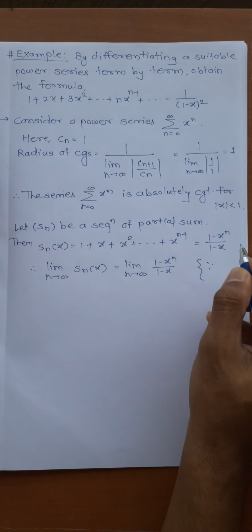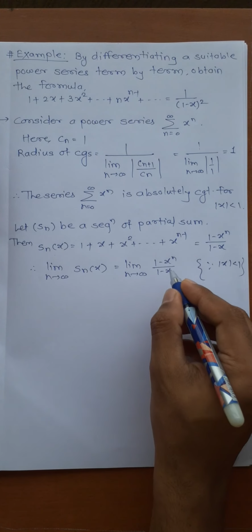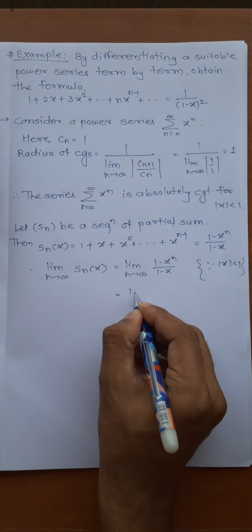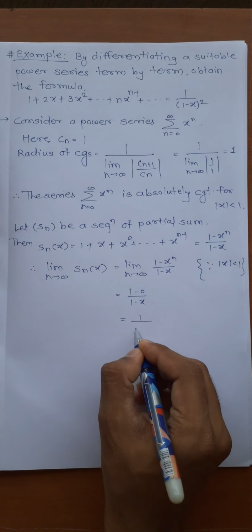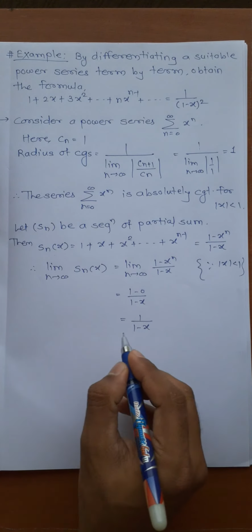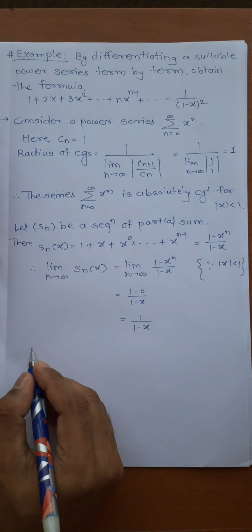But we have mod x less than 1, so if you take any higher power as n tends to infinity, obviously it will go to 0. So 1 minus 0 upon 1 minus x, which is 1 upon 1 minus x. That means the sequence of partial sums converges to 1 upon 1 minus x. Therefore the sum of this series is also 1 upon 1 minus x.